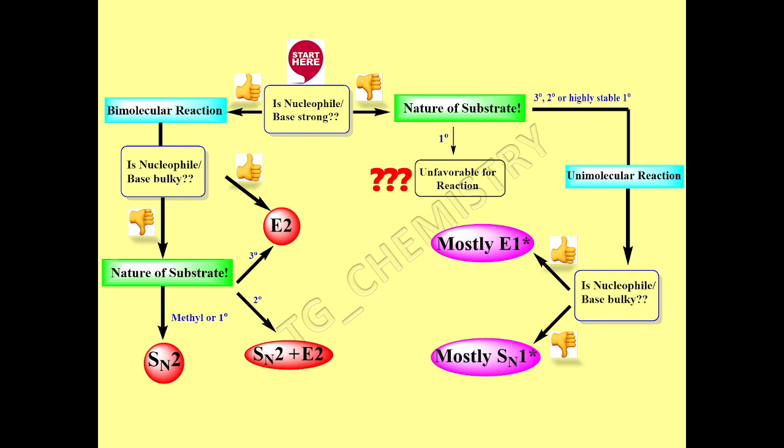I hope with this you can easily distinguish, from the reaction given and the nucleophile and base given, whether the reaction should proceed in the nucleophilic substitution pathway or the elimination pathway, and more specifically into the subcategories of individual types of reactions.